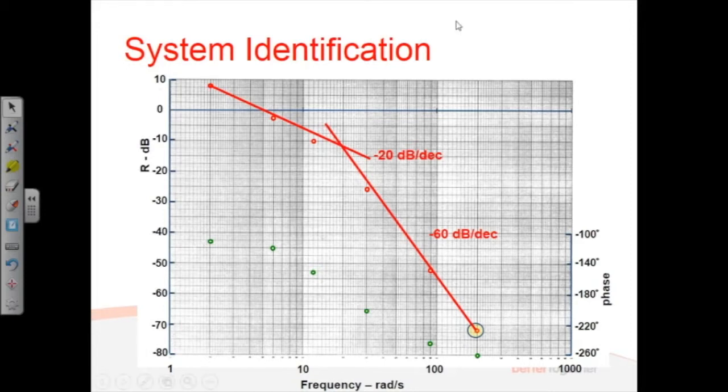And then the rest of the plot with the data that I have just carries on in a straight line, so I'm finished. I've got a gain, the value of which I can work out by extrapolating that or just by looking at where we are relative to 0 dB. There's an integrator term and there's a second order lag. And the second order lag has an omega n value of something like 19 radians per second.